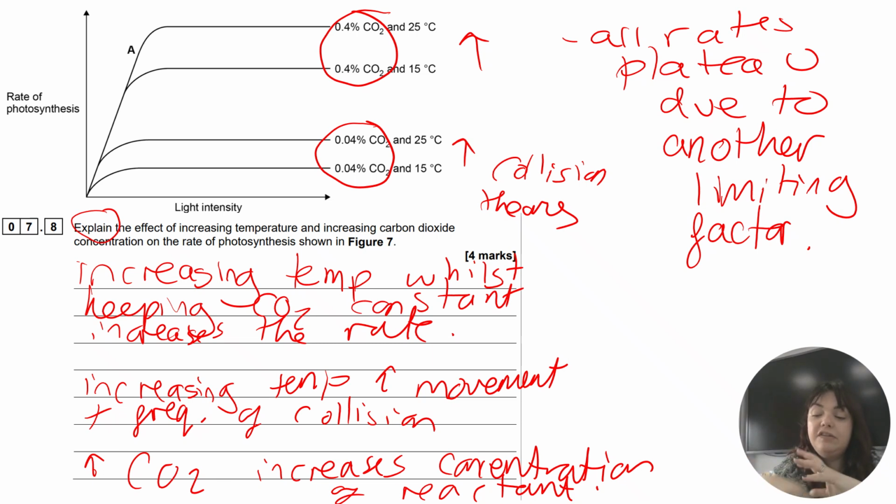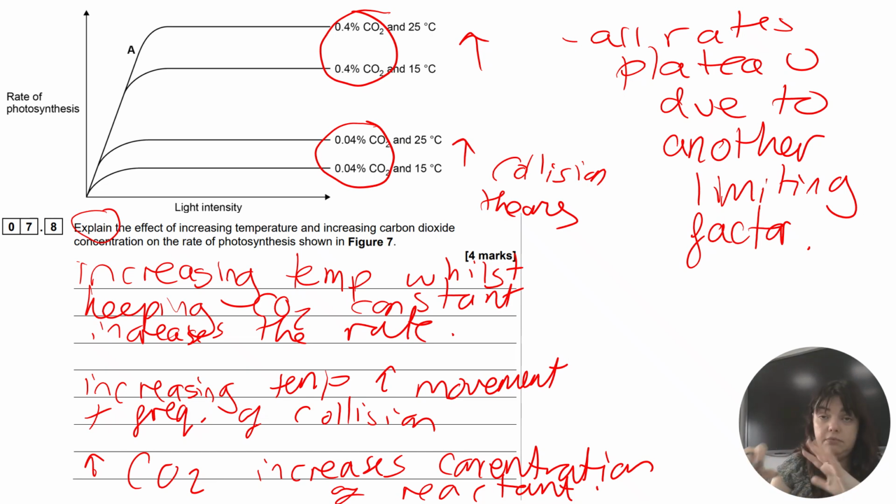With increasing temperature increases the movement and frequency of collisions, you can say increases the movement, increases the kinetic energy, or increasing the temperature increases the rate of enzyme activity. You can have that as well. And then increasing CO2 increases the concentration of reactant or substrate. That's the only thing you can say there. And then you could say all rates plateau due to another limiting factor, or you could name it. So, for example, water or chlorophyll.